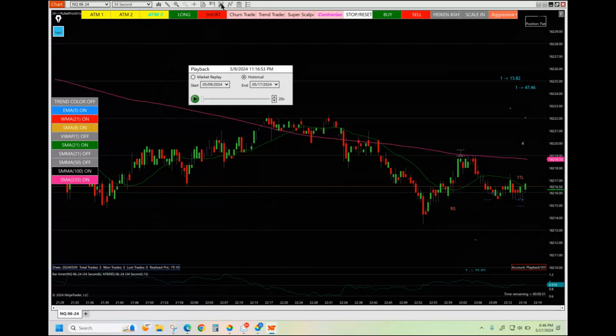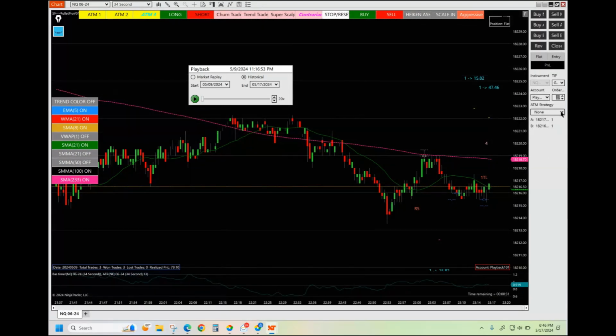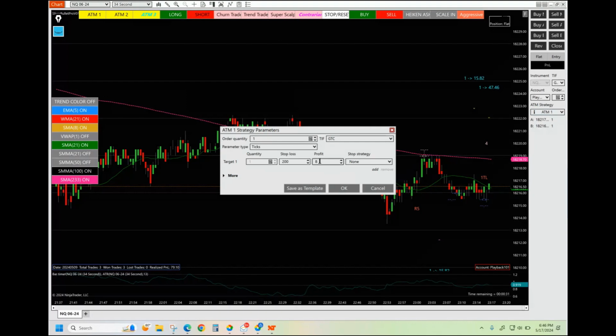Okay, so we can modify the ATMs. To modify ATMs, we have to come here and click Chart Trader, and then we come and click on this window. Here you can click Edit. After clicking Edit, you can make the profit smaller. Like you can make it 6 ticks profit.